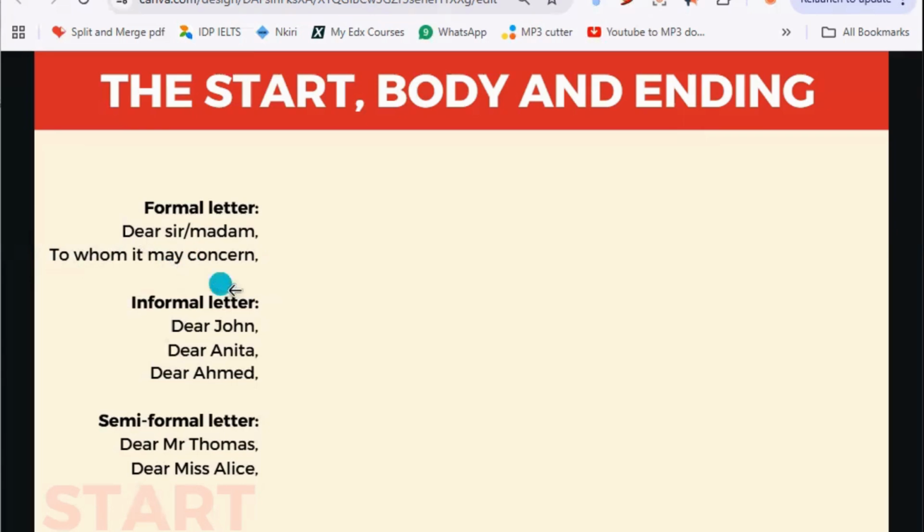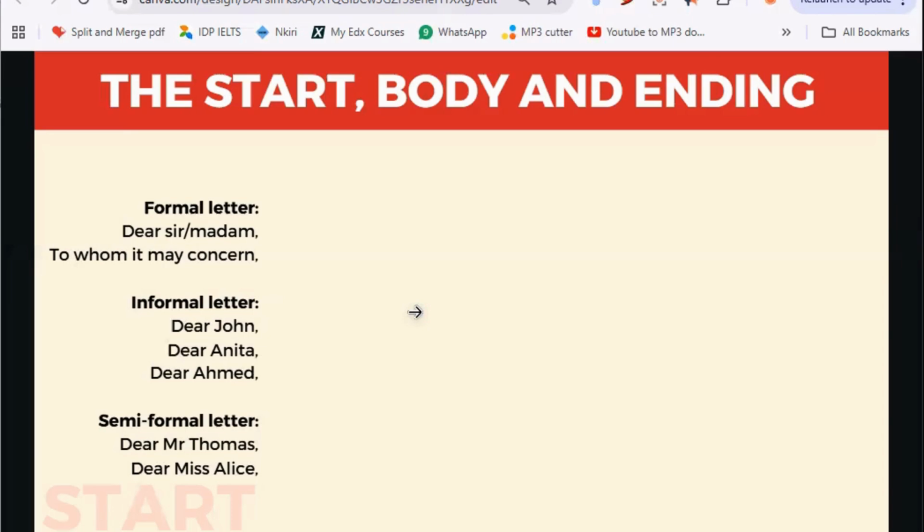"To whom it may concern" basically is something that you write when you are faced with a situation where you need to write a letter that will be presented to 3, 4, 5, 6, 7 individuals that occupy different offices.